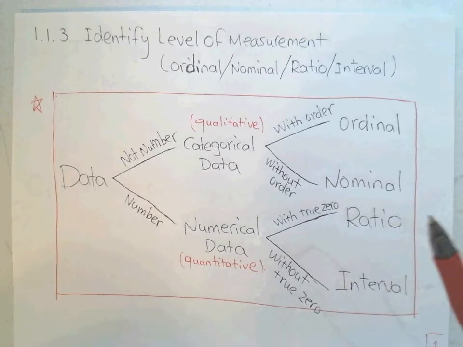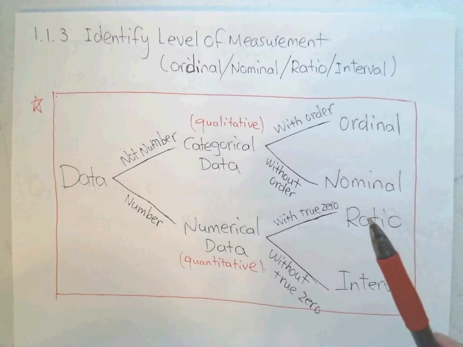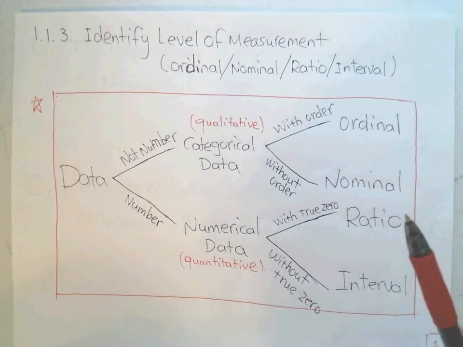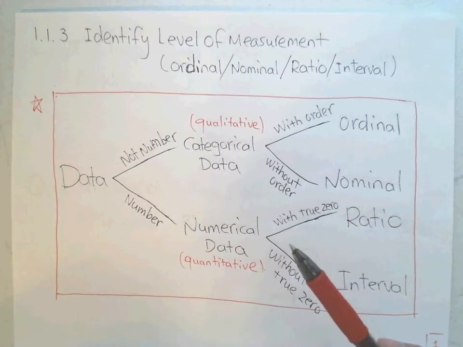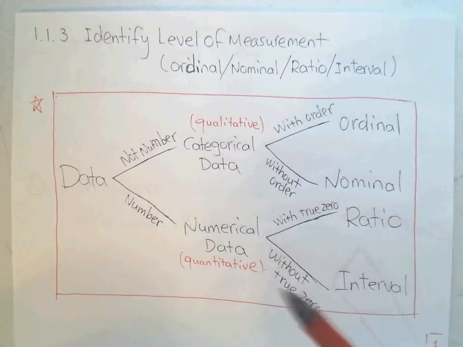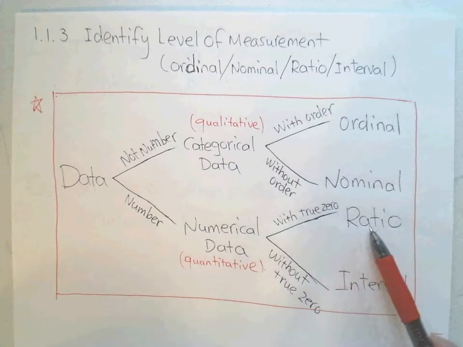If the height is zero, it means no height, it's nothing. Or the weight of something: if the weight is 0 pounds, it really means nothing. That data we call ratio.